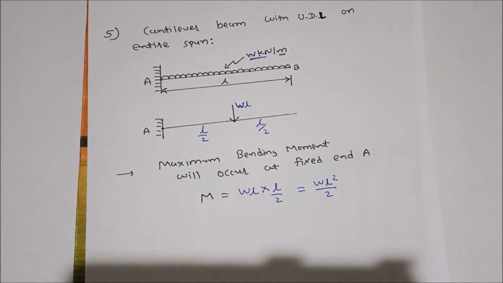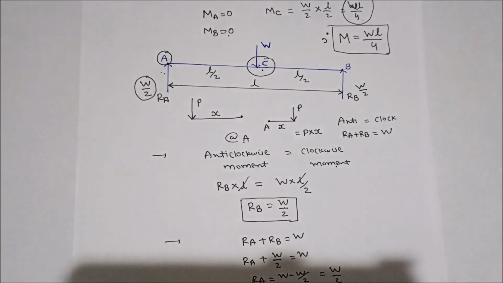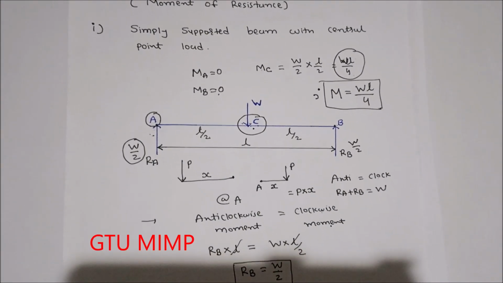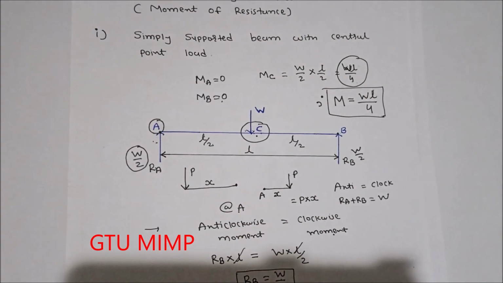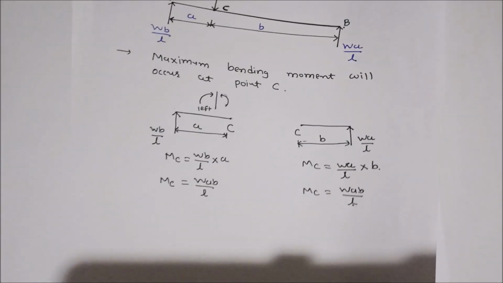So simply remember these 5 cases. First one is simply supported beam with central point load. Equation is M is equal to WL by 4. Second case is simply supported beam with eccentric point load.